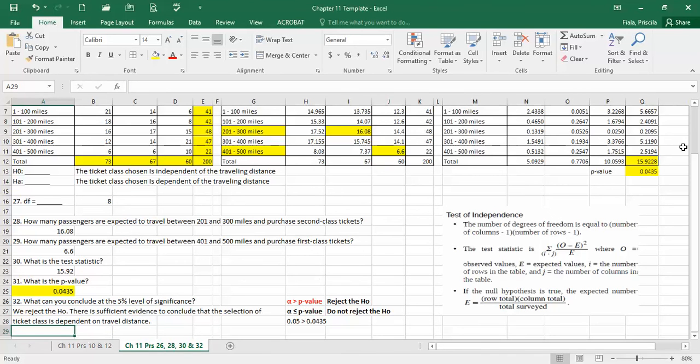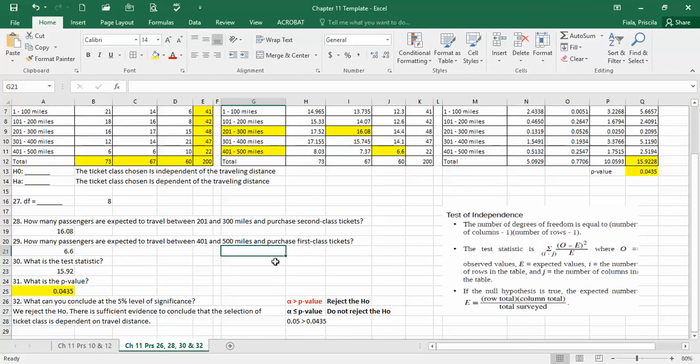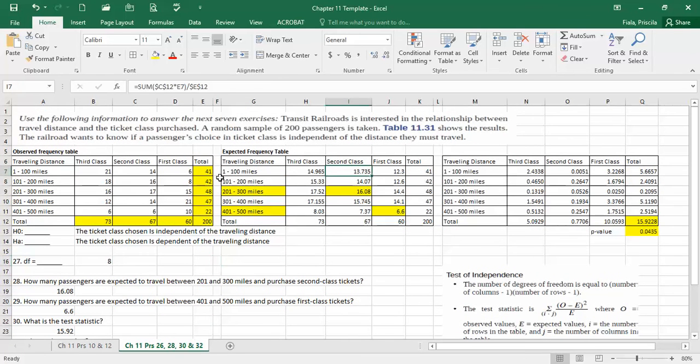And that would be done for problems 26, 28, 30, and 32. Again, I am gonna replace or post the template with this, and I'm gonna leave the values in there. I need you to take a look, and if you do copy the values, don't copy the values.